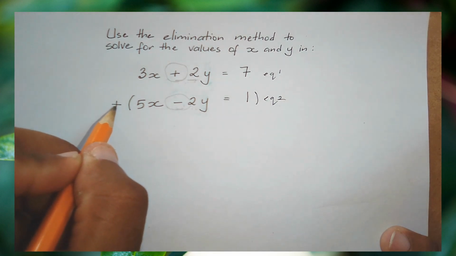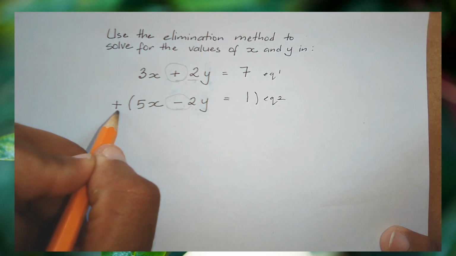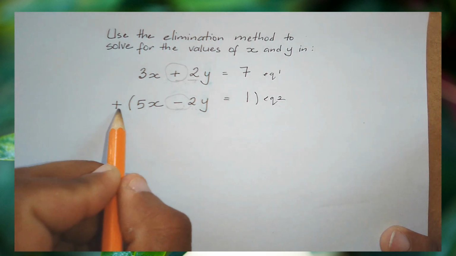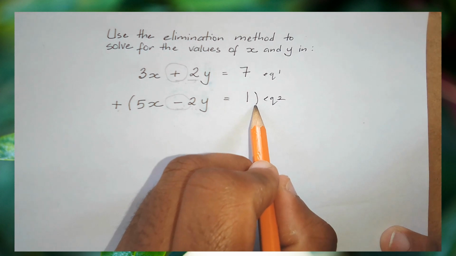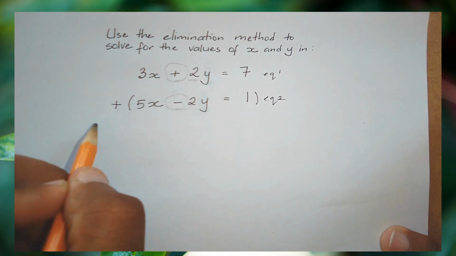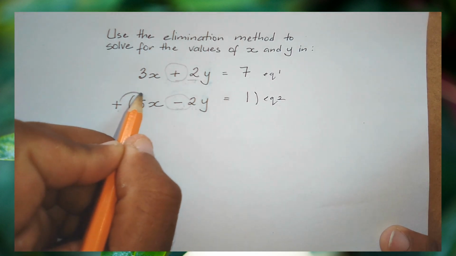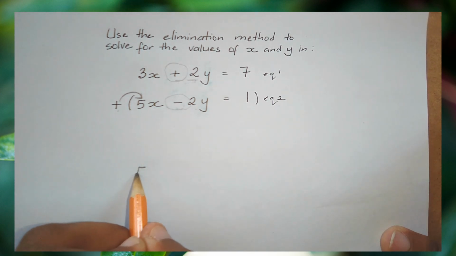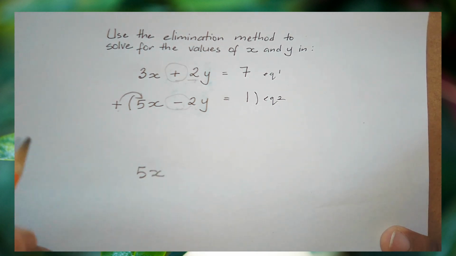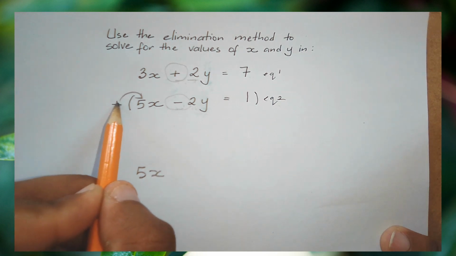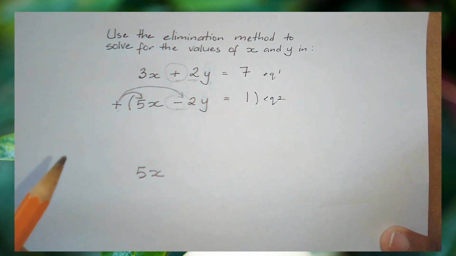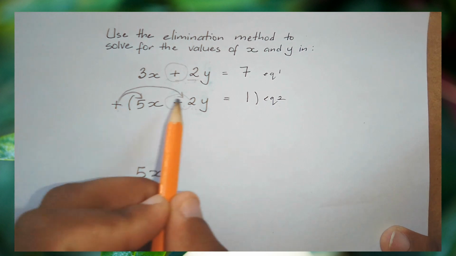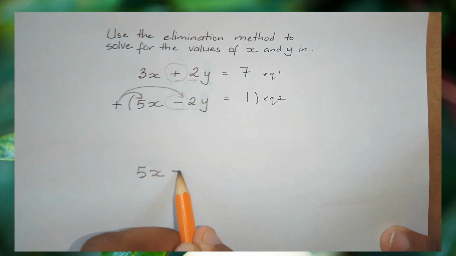I'm going to have to distribute this positive sign inside the entire equation 2. Look at what that does. A positive with this positive 5x is going to give me positive 5x. Then I'm going to distribute this positive with this negative 2y, and a positive with a negative is going to give us a negative 2y.